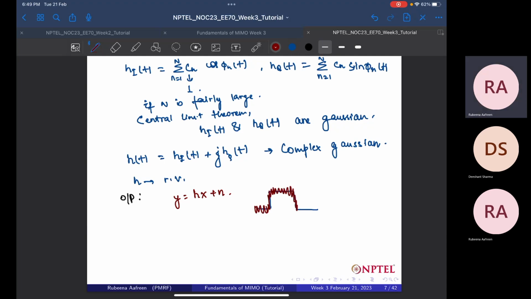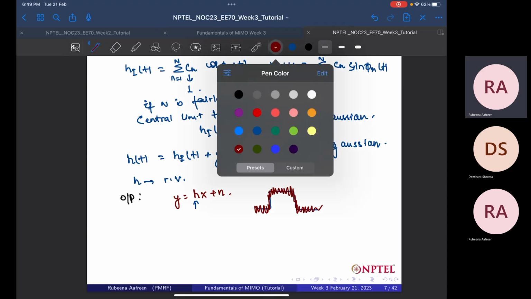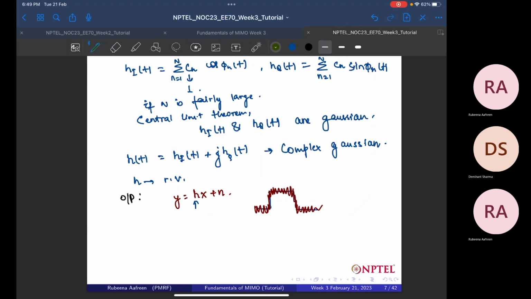There will be some fluctuations, but essentially we will know the shape of the signal. But now here it is multiplied by one random variable. The magnitude is random. So now in case of fading, we will have any random shape. Not even this. It will go as this. Anything can happen. So this is for fading. And this is AWGN.